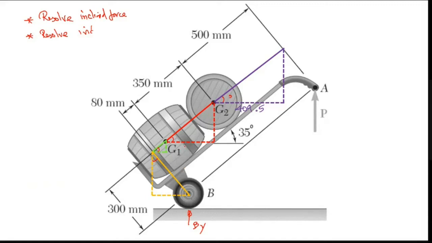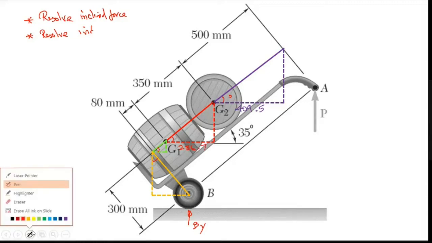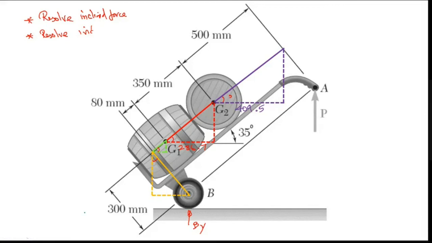350 cos 45 is 286.7. For 80 cos 35, it is 65.5.